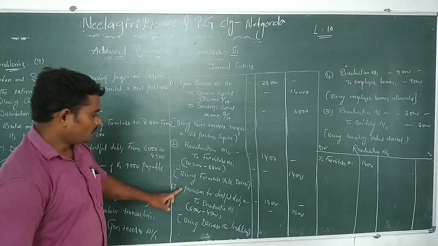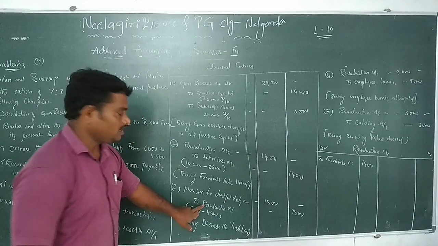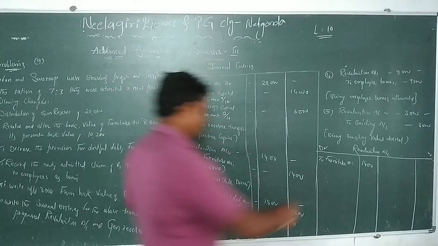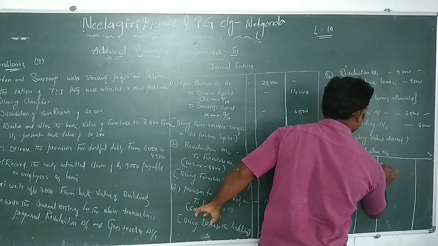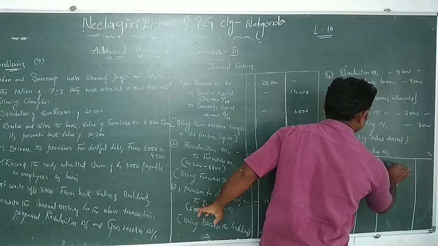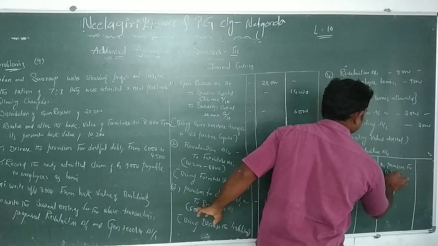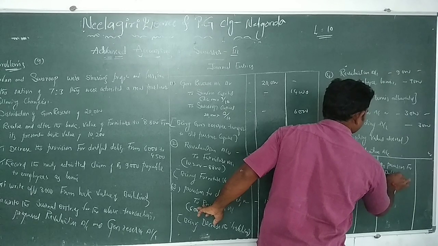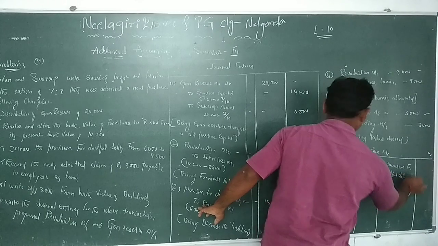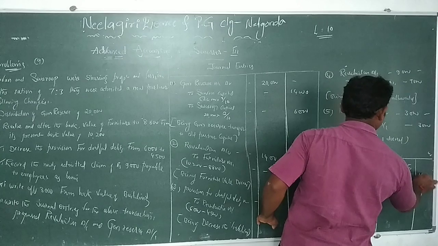Next, provision for doubtful debts account debit to revaluation account, so on the credit side: provision for doubtful debts, 1,500.